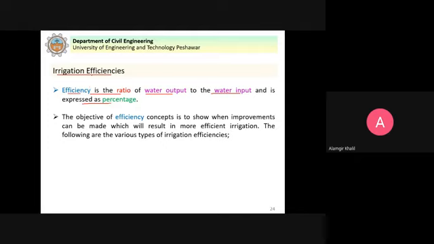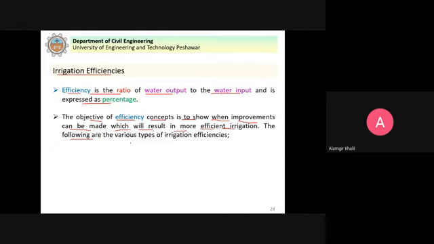The objective of efficiency concepts is to show when improvements can be made which will result in more efficient irrigation.